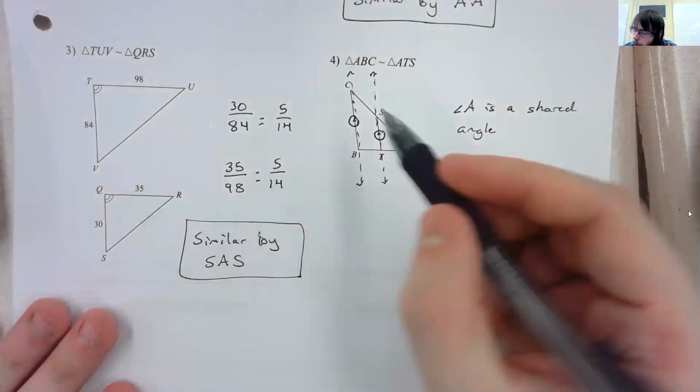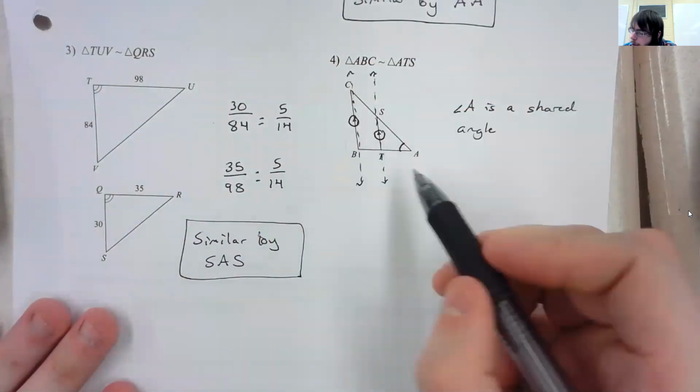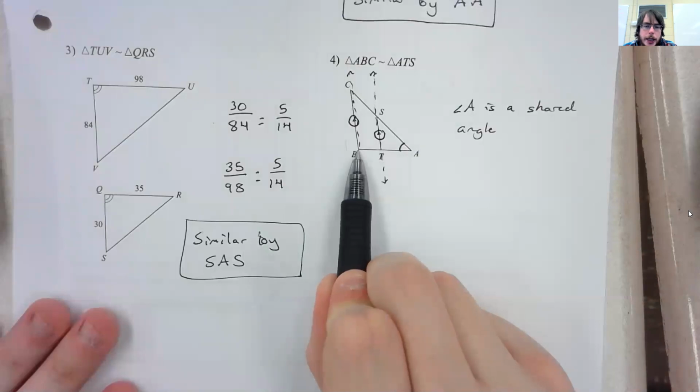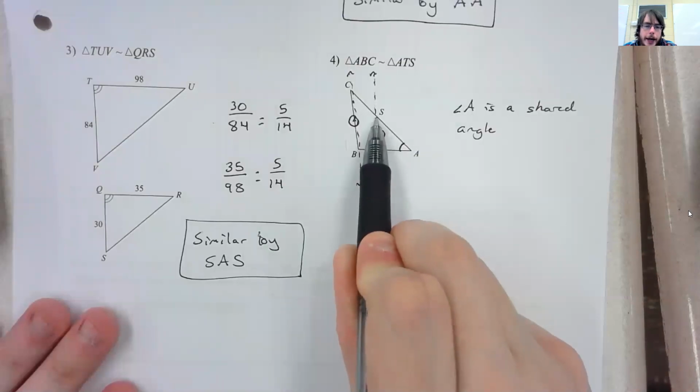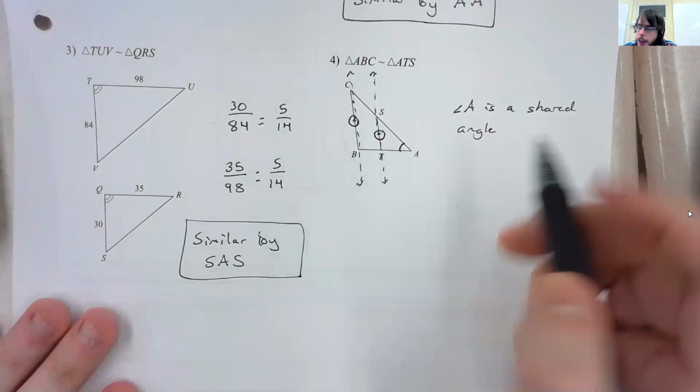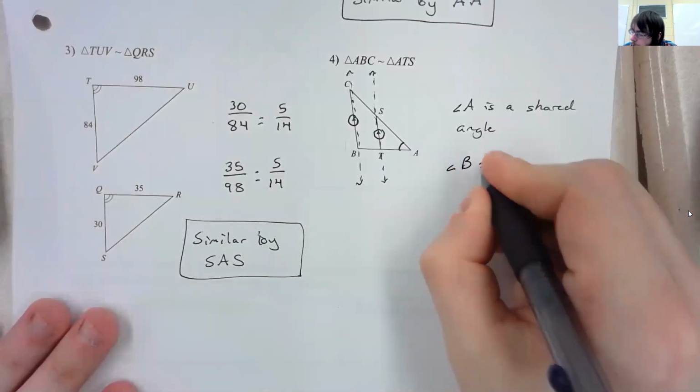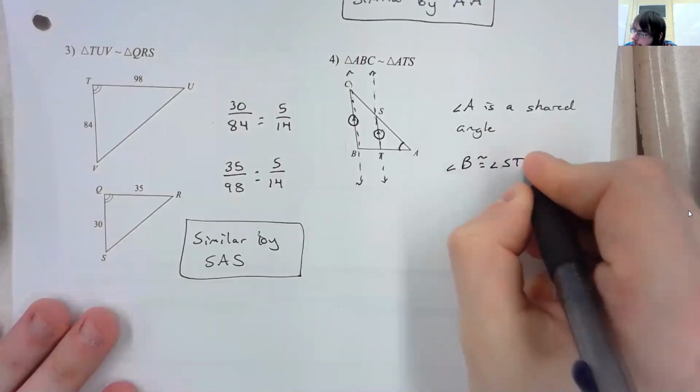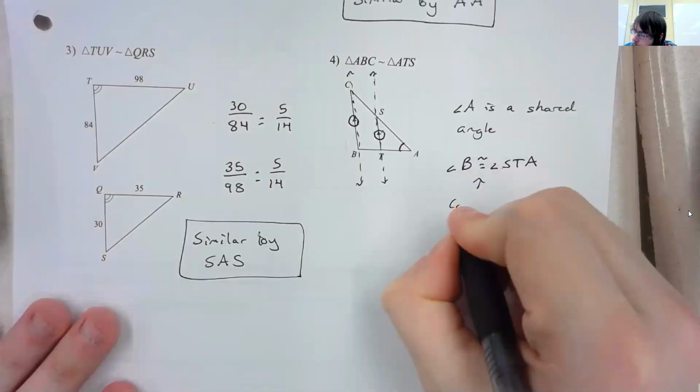So let's look. We've got angle B here. Is there an angle that we can say is congruent to angle B? Well, we could say the angle STA is congruent to angle B. And the reason we can say that is because they are corresponding angles.